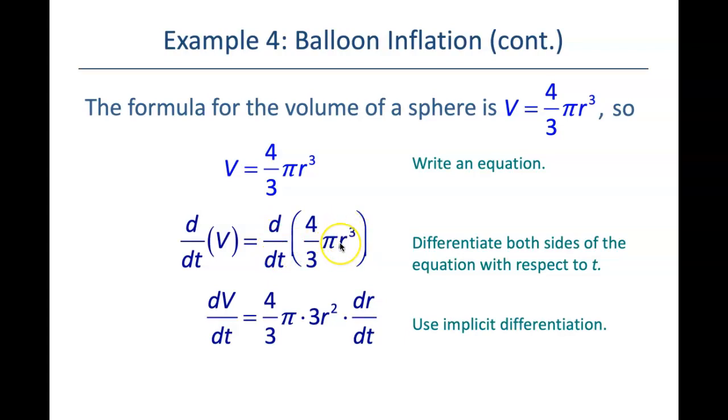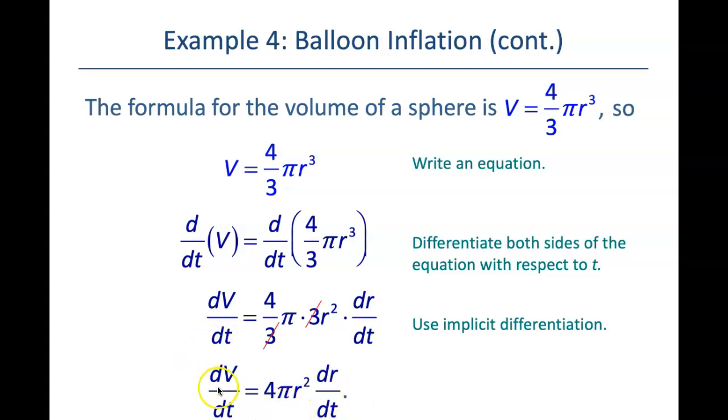That's the derivative of the outside, times the derivative of r. We don't know what r is. That's what implicit differentiation is saying. That's just equal to dr/dt, okay? Because d/dt of r is dr/dt. All right, so now you can see how dV/dt and dr/dt are related. All right, so we can simplify by dividing out those 3's.